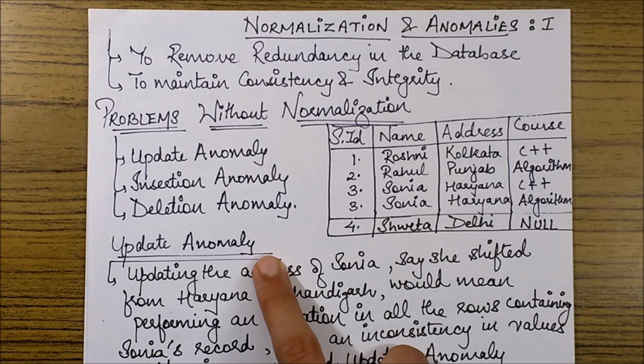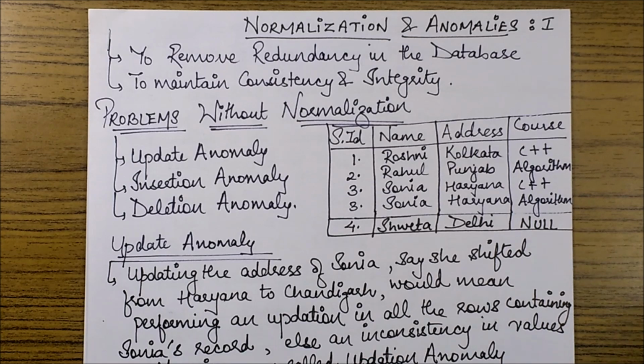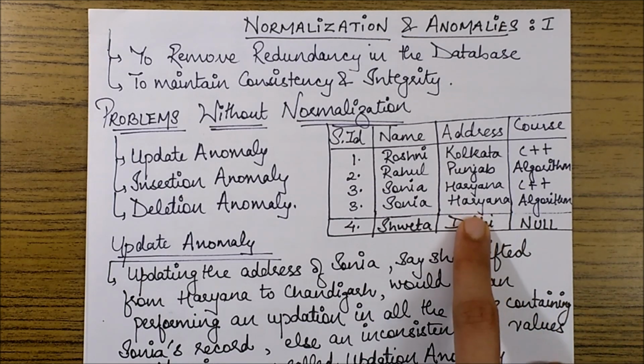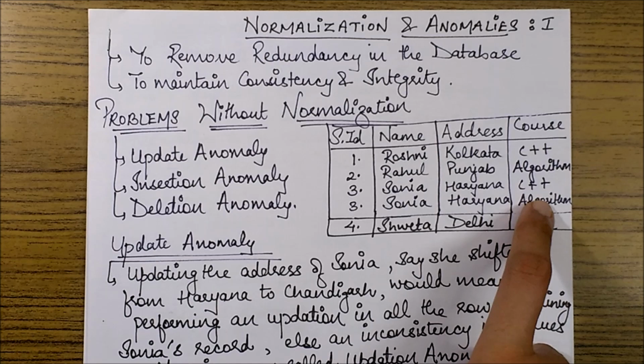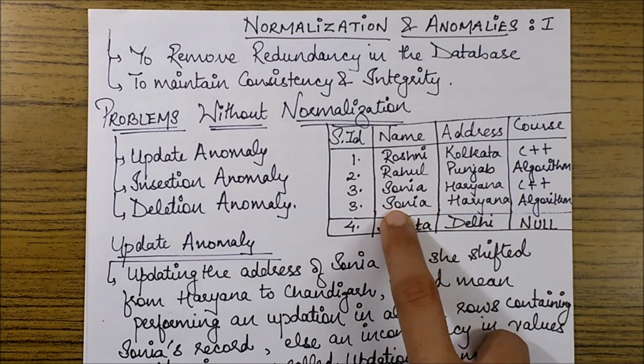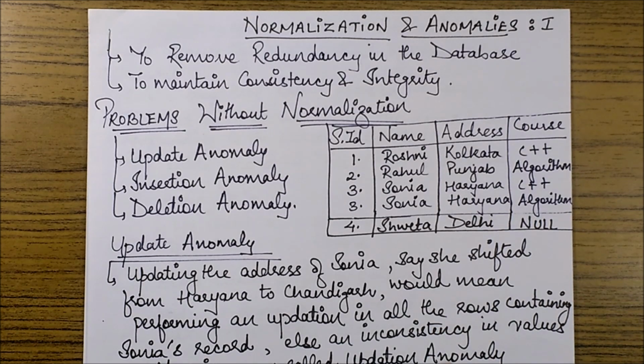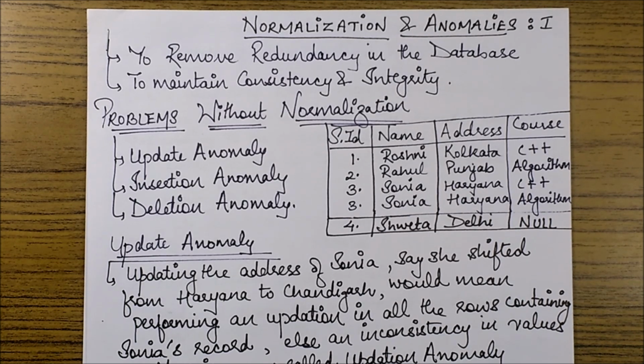Whenever I need to change one value, I also need to change other values because of it. Otherwise, the entire table will have inconsistent values. One record would state that Sonia resides in Haryana, and the other would state that she has shifted to Chandigarh. So there will be inconsistency and no integrity in the database. This is what is known as an update anomaly.